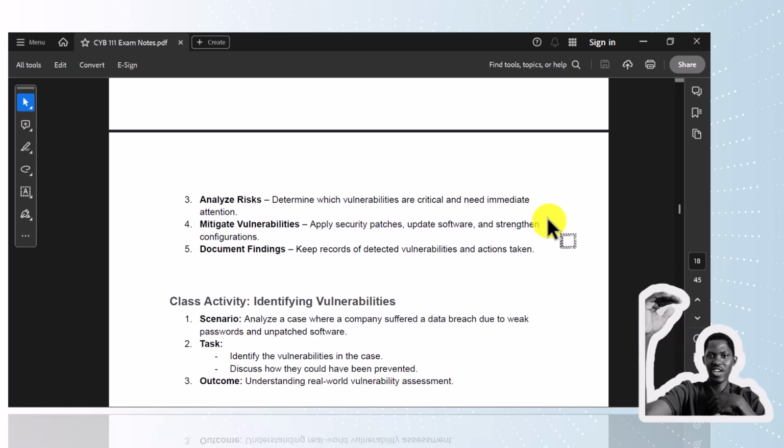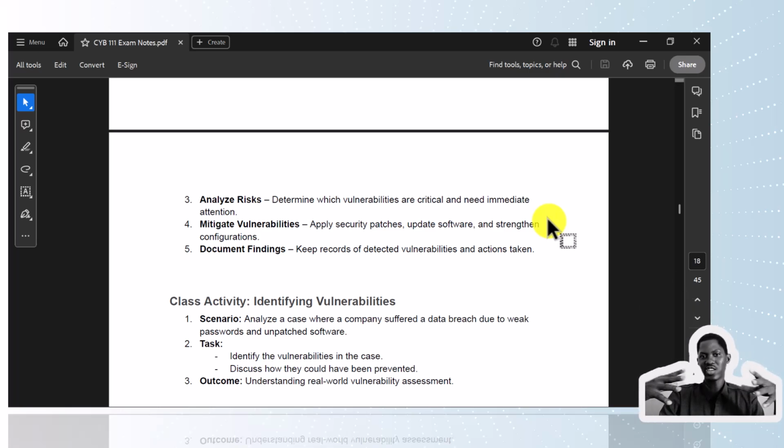Okay, after you've identified and evaluated, you will now prioritize that, okay, this vulnerability is critical. Imagine you have an SQL injection vulnerability now. You know that is critical because that can give the attacker access to your database, which stores all the information, right? So that can easily take you from normal to a data breach straight up. So you first of all have to rate that as number one.